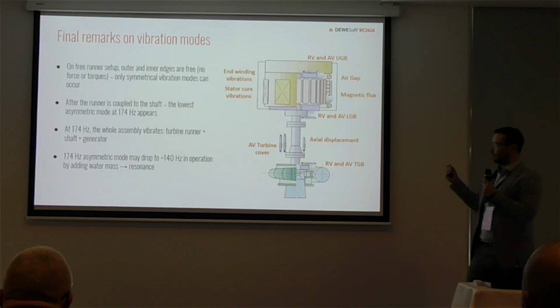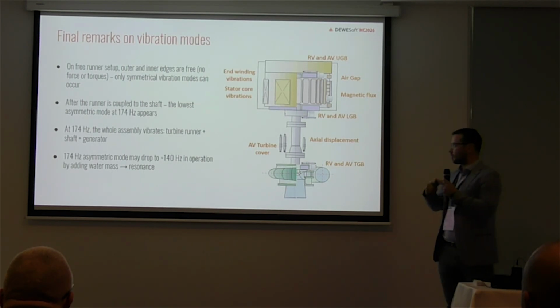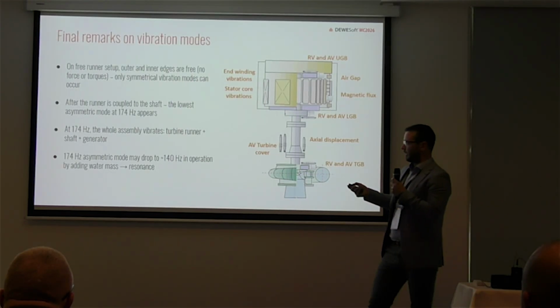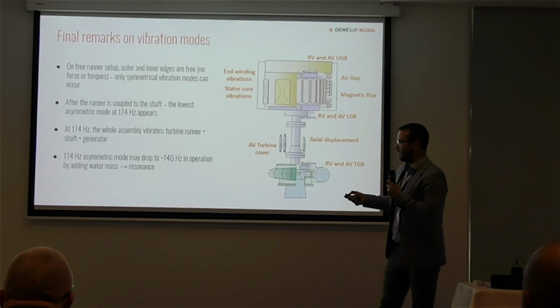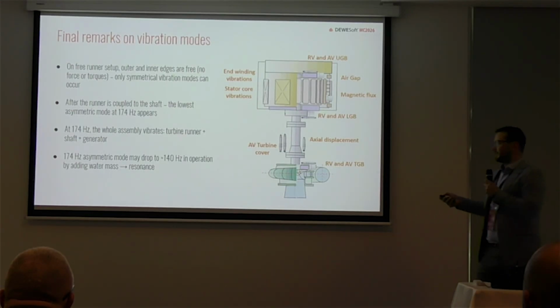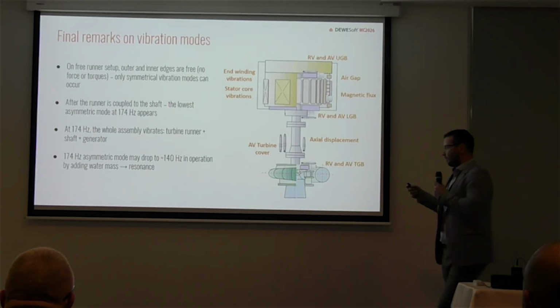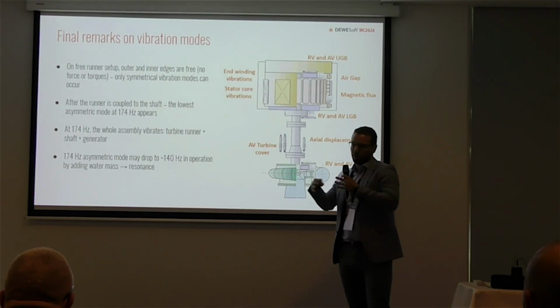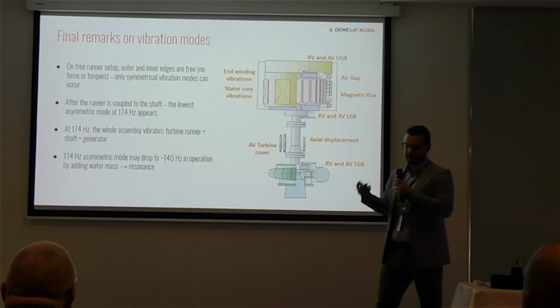Actually, the whole generator, so the turbine runner, the shaft, and the generator above, they all have a natural frequency at 174 Hertz, and this is quite close to 140 Hertz, because when we add this, of course, it's completely dry, it's not running, we don't have water.